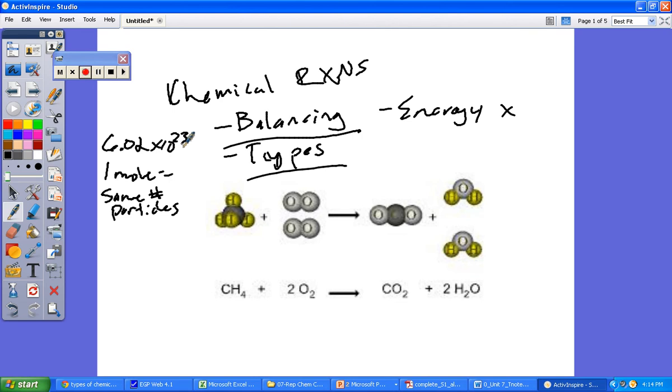So if you have 1 mole of something and a mole of something else, the values are going to be the same. And so we started to represent that in the chemical equations by the coefficients. So these are the coefficients in the chemical equation.